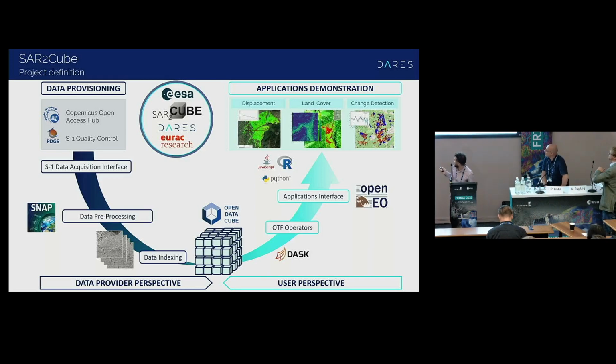Then we designed the infrastructure based on Open Data Cube and OpenEO services. And then we developed a set of on-the-fly operators to access this data, process and analyze it, and we did different kinds of applications. Most of them are already integrated in the OpenEO platform.